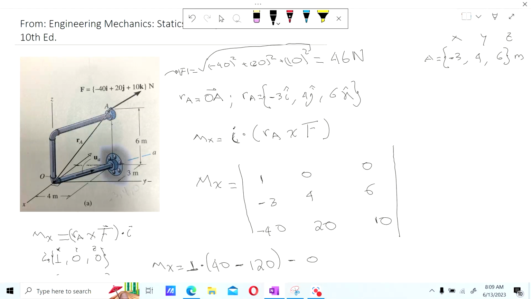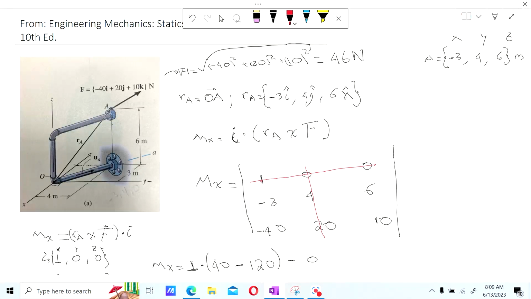All right, so for j, which is 0, what we do is cancel this column and cancel the j column. The first column, because the cross product is between these two vectors.